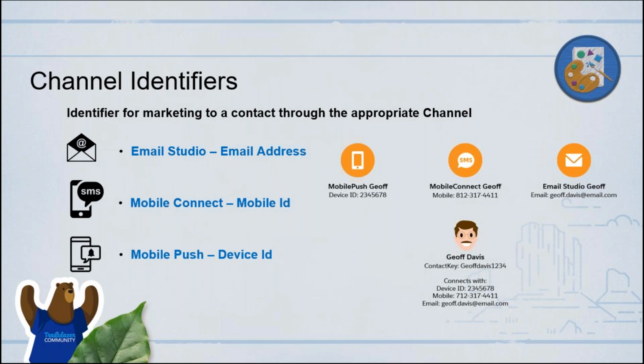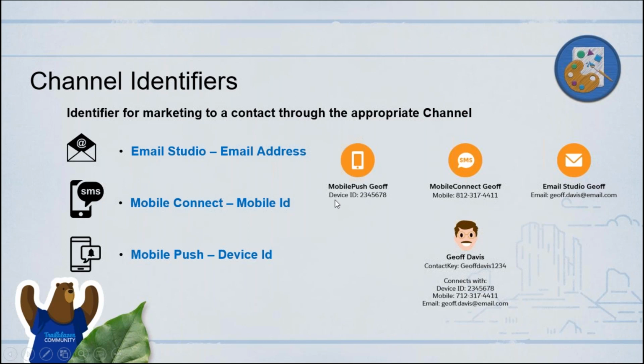As you can see in this example, I have a contact, Jeff, with 1 single unique contact key across all the 3 channels. But for each of the different channels, you will see that he has a different identifier. If he's subscribed to email, he'll have to provide the email address, using which we can send emails out to Jeff. If he's subscribed to SMS, then he'll have to provide a mobile number.